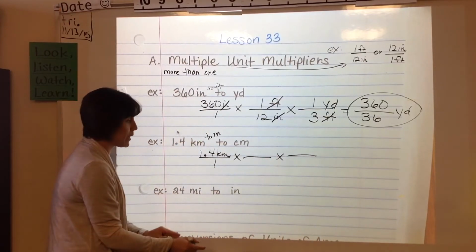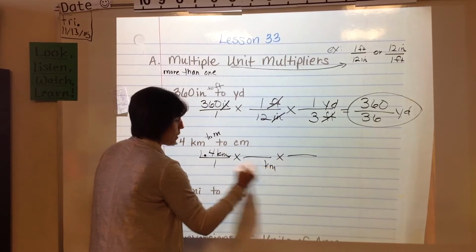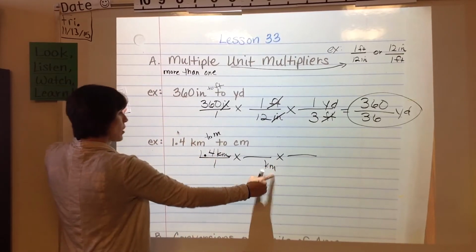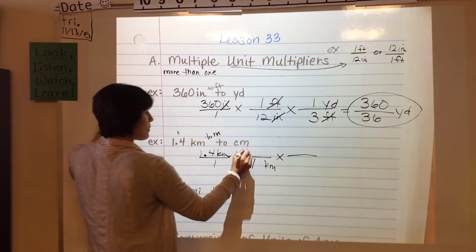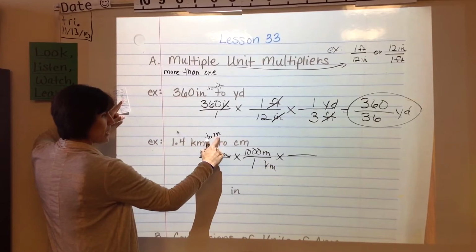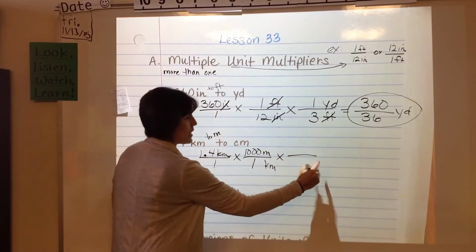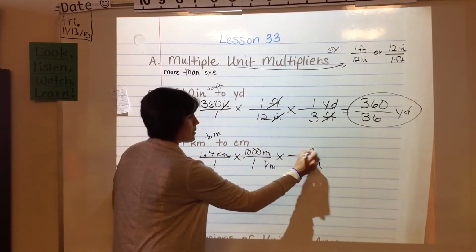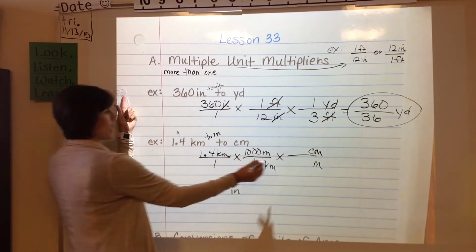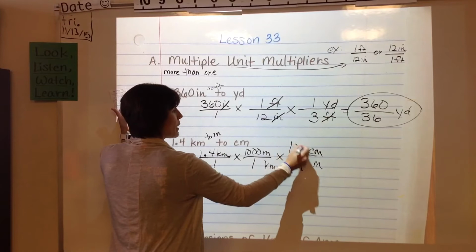The kilometers goes on bottom, and it says 1 kilometer is 1,000 meters, because we were changing to meters. And then in the next blank, we need meters on bottom, and finally we'll get to centimeters. This conversion says 1 meter is 100 centimeters.